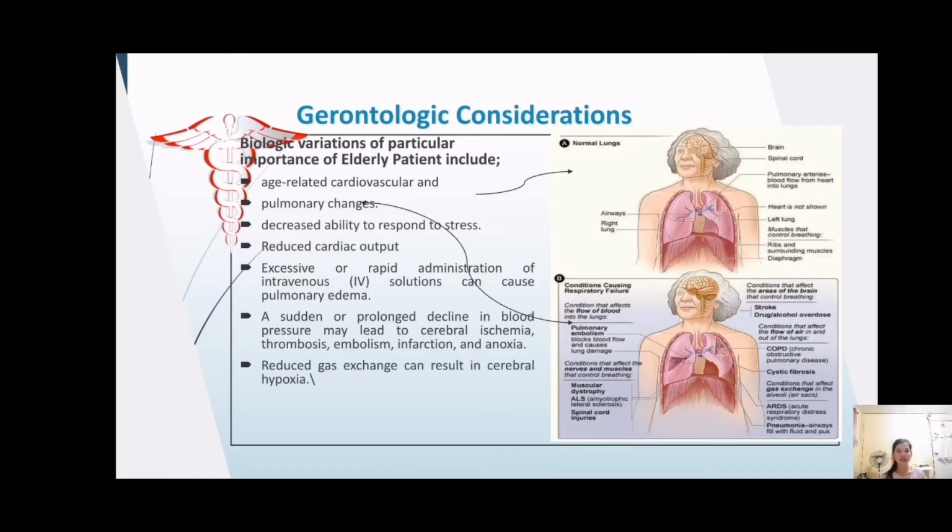So next is gerontologic considerations. These are biologic variations of particular importance in elderly patients, including age-related cardiovascular and pulmonary changes and decreased ability to respond to stress.